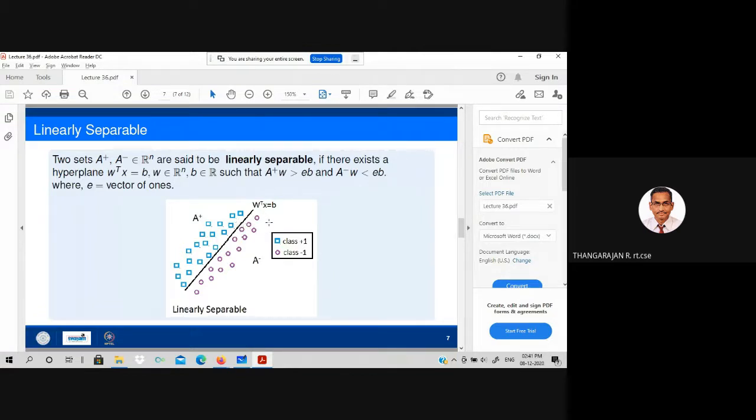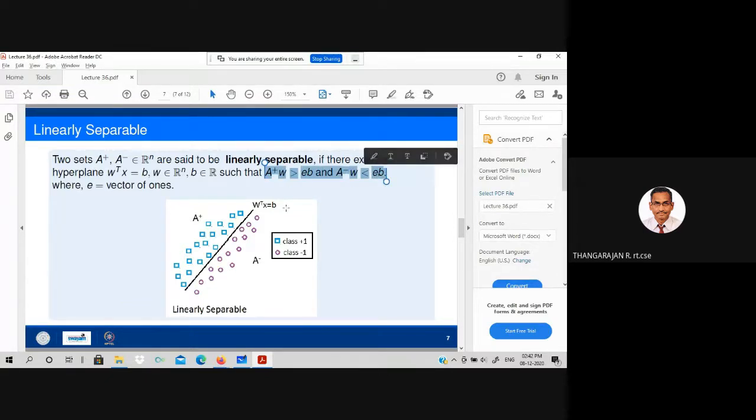Say for example, if the purple ones are here, then the line is this. The line says w transpose x equals b. If the points lie above that, then they will be greater, and negative points are those that are below. On the line there is no point. So this is the inequality of linear separability.